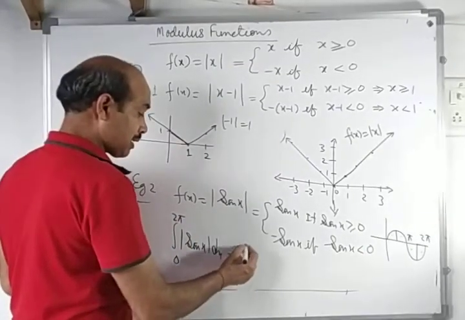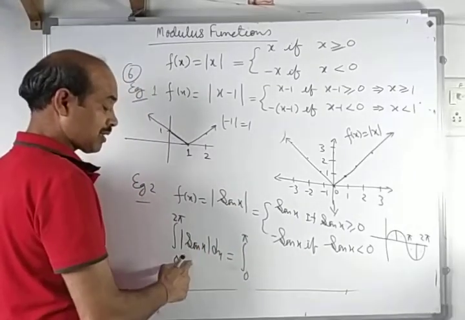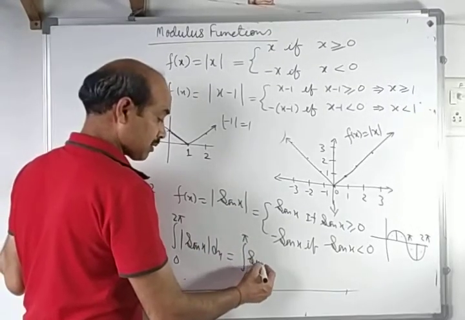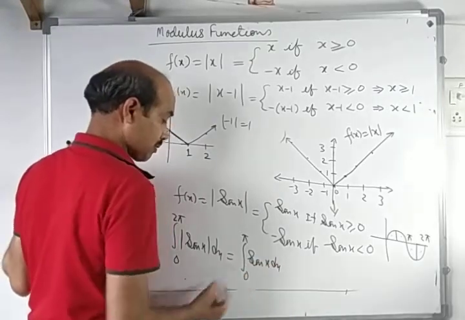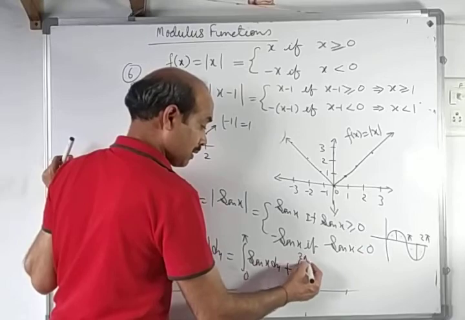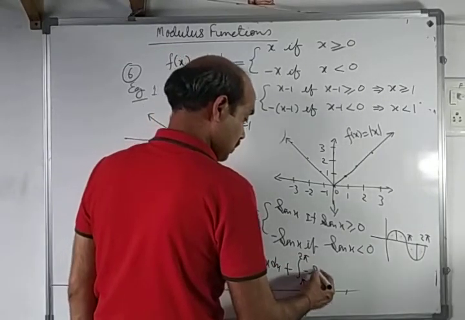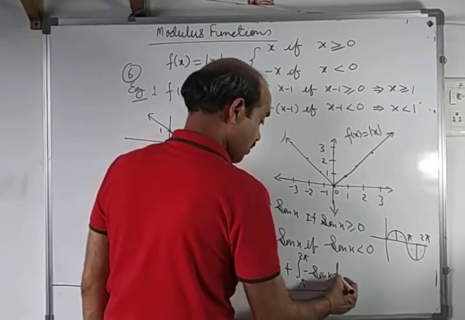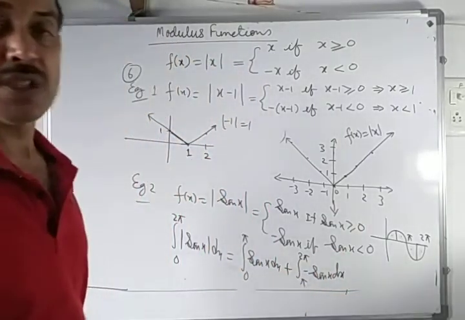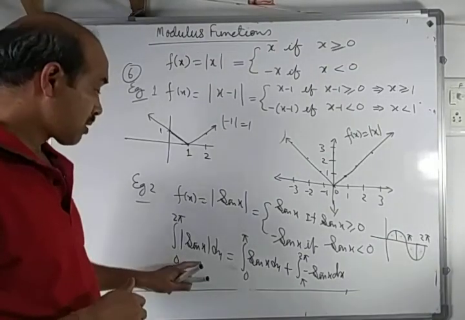then we split it. 0 to pi, in place of mod sin x, we will write only sin x dx, plus for pi to 2 pi, we will have to write minus sin x dx. This is the application of such type of function in some places in calculus.